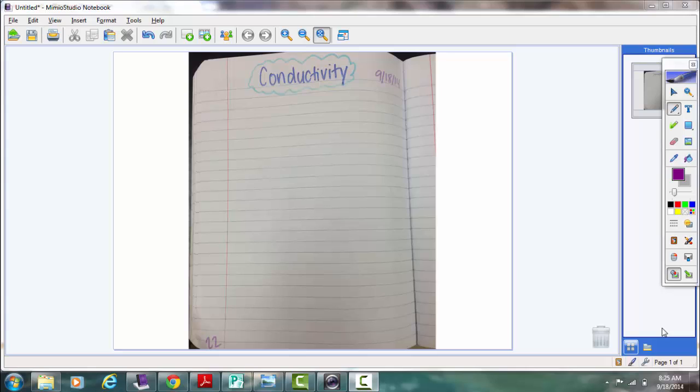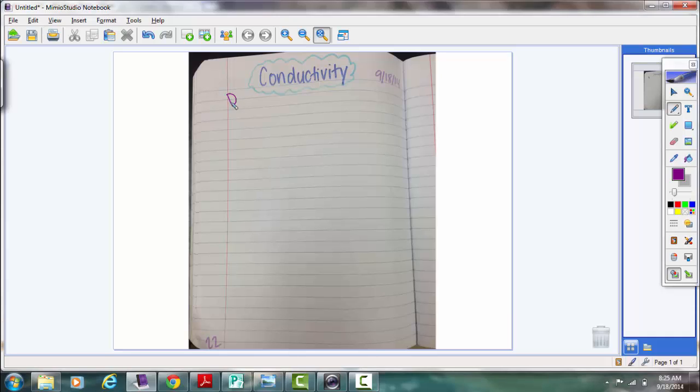All right, you should be on page 22 in your journal, and the title of our page is Conductivity. So we are going to be, again, learning about this property of matter known as conductivity. And whenever we talk about conductivity, we ask this question about the matter that we are investigating.